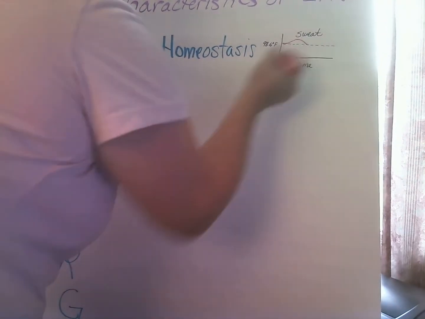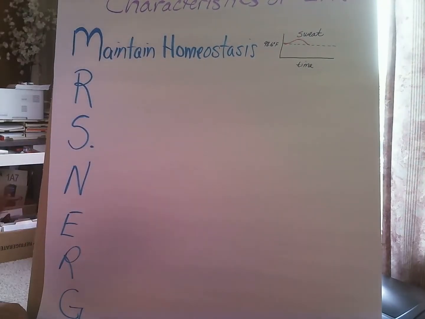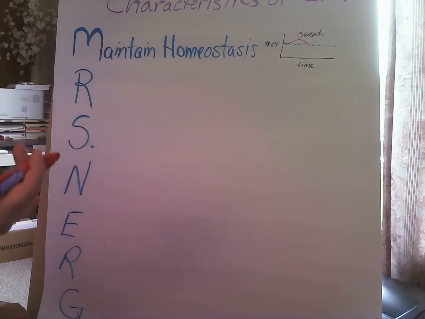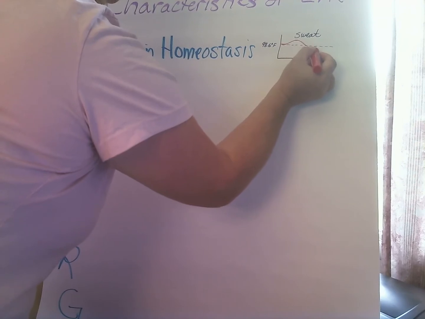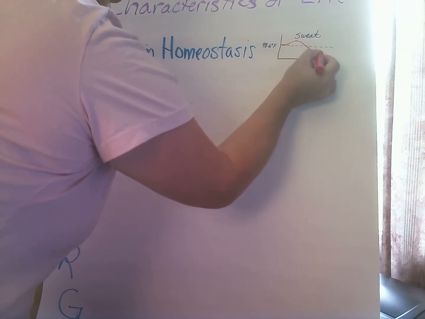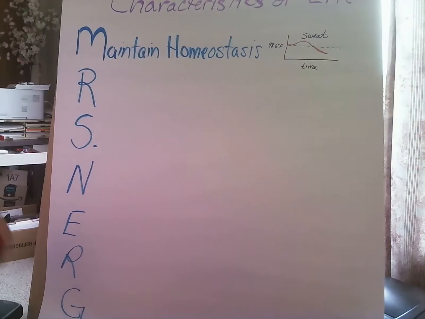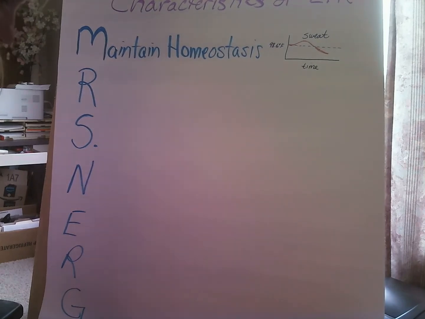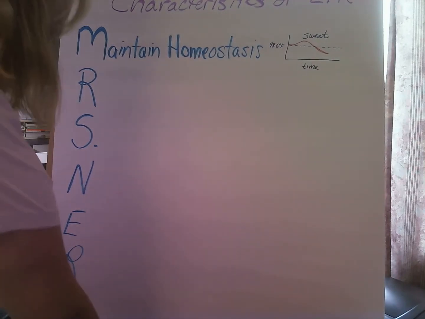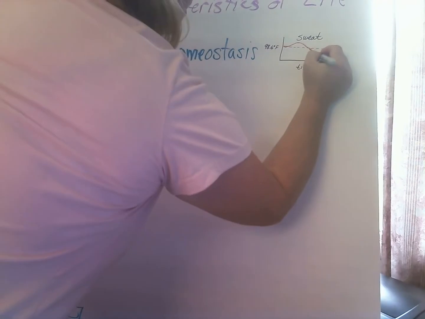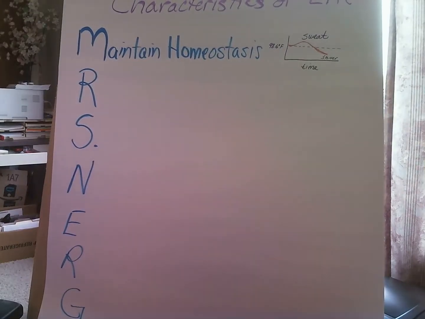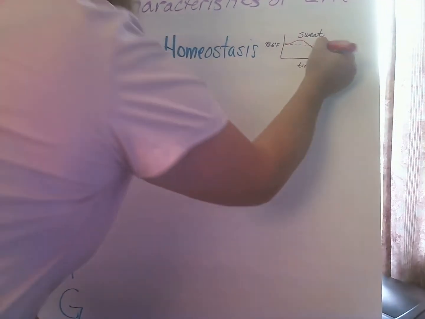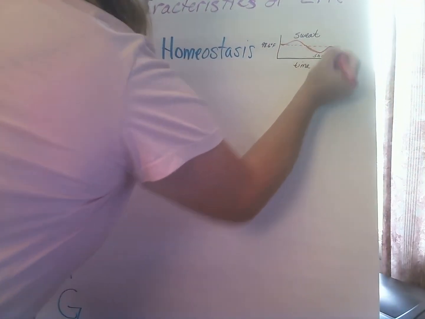And then it's February, and it's super cold, but we're still in our shorts and our t-shirt from PE class. And now we're cold. Now we're down here. When you're too cold, your body starts to shiver. And what you're doing is you're creating friction and you are warming up.